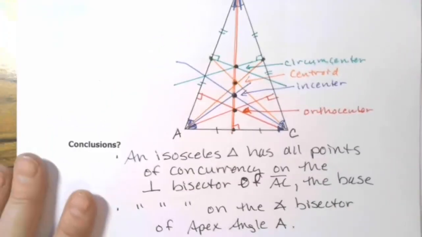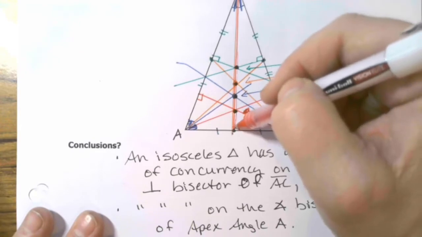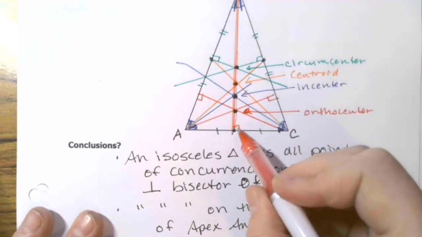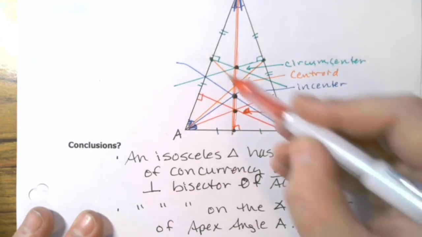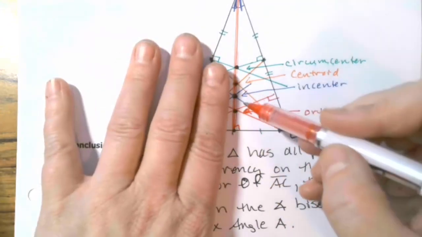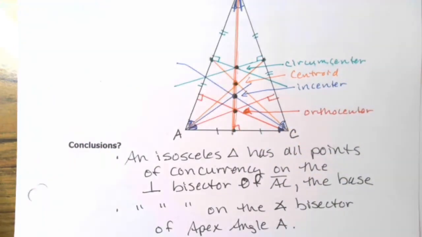Something you're going to need to know for your homework later is that because B to this line is perpendicular, every one of these constructions forms right triangles with the base of the triangle.